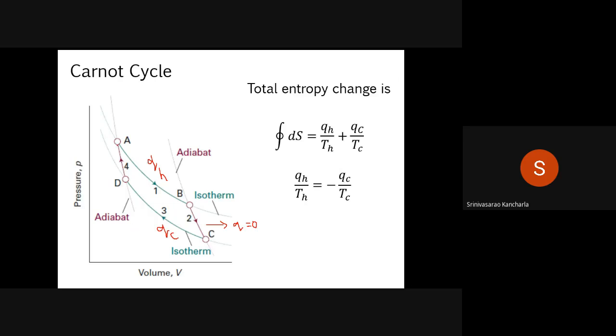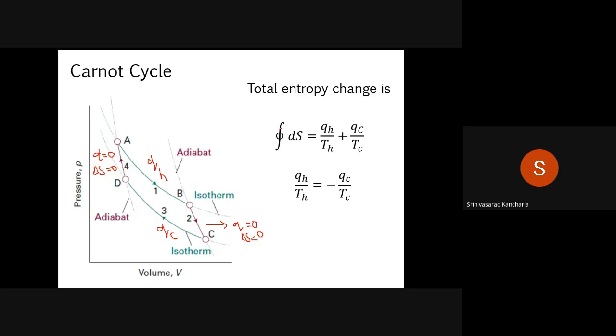And again, this is an adiabatic process. In the adiabatic process, the amount of energy that you are supplying is zero, so your entropy change here is also zero. Whereas in isothermal conditions, you will have some amount of energy, and some change in the entropy.